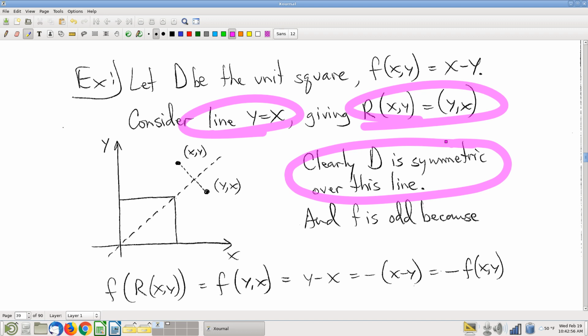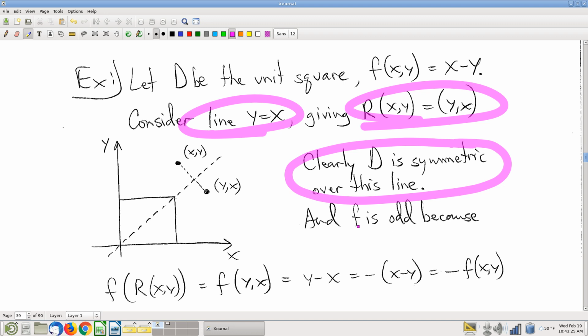That's usually geometrically pretty clear, but you do have to claim it. You've got to write it on the page, domain is symmetric, because you need to show that you understand that is in fact important. That is a requirement. So you've got to put that down on the page for me to know that you realize that's a thing. And you have to be correct about it, but you don't have to justify it.